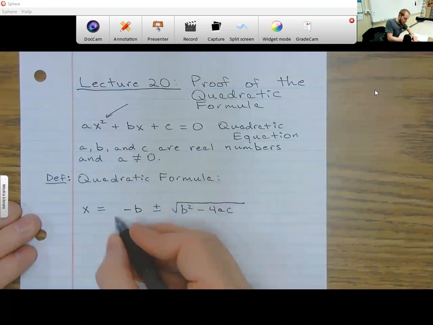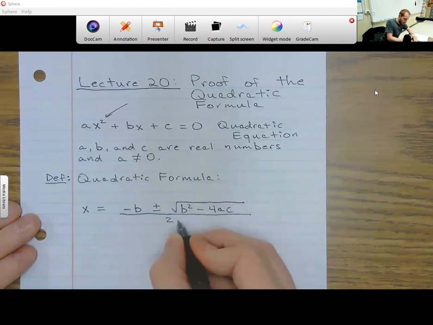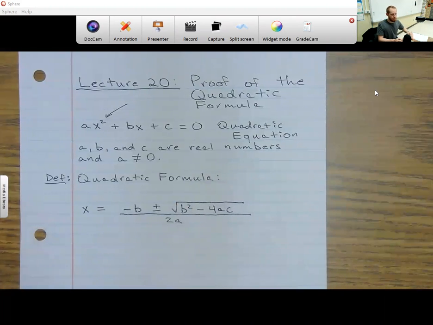And everything is going to be divided by 2a. So this is basically one big fraction. On the top, you have negative b plus or minus the square root of b squared minus 4ac, and then everything is divided by 2a.